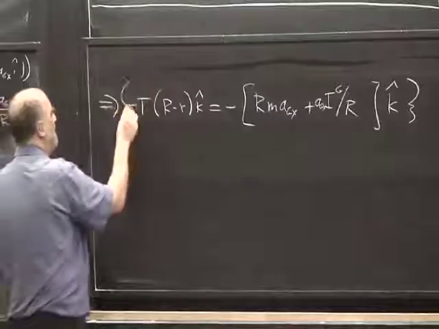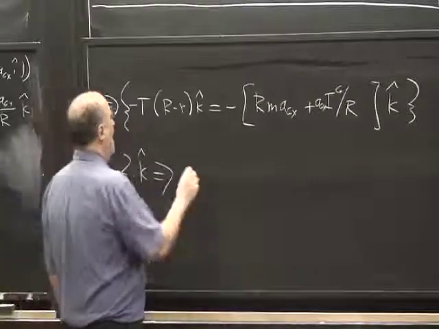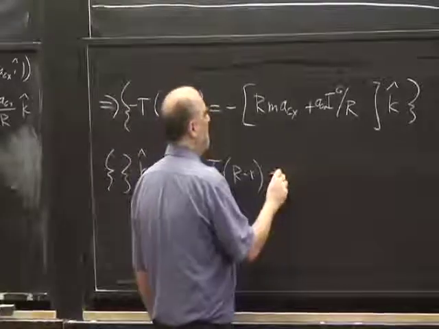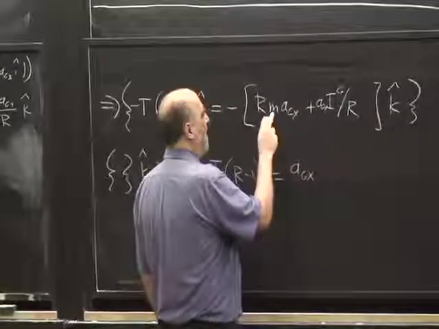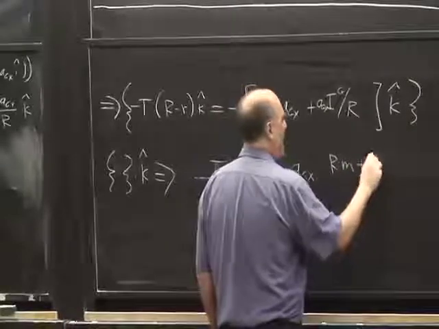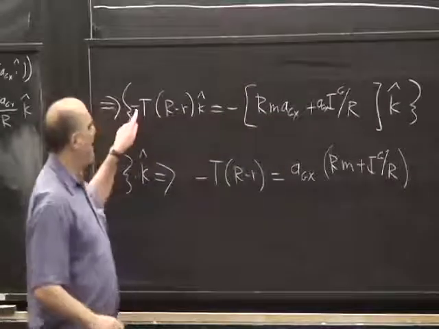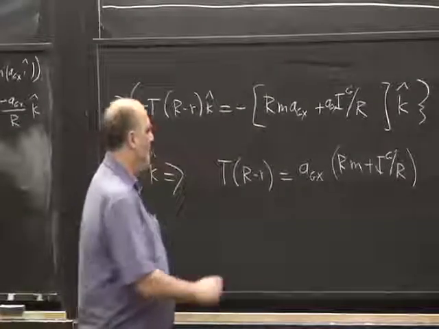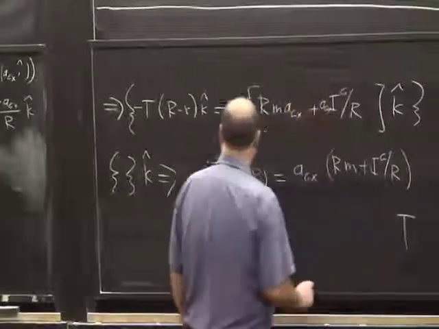Now we take this whole expression and we dot both sides with k, and we get minus T r minus R equals, then we have an AGX which pulls outside this whole thing, and then we have an RM plus IG over R. This thing had a minus sign, this thing had a minus sign, so we can get rid of both, and we have then that AGX is equal to something times T. And what is that something?